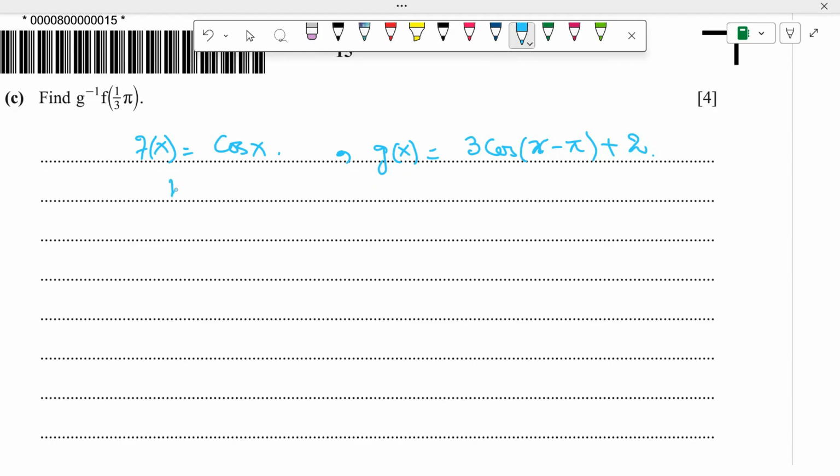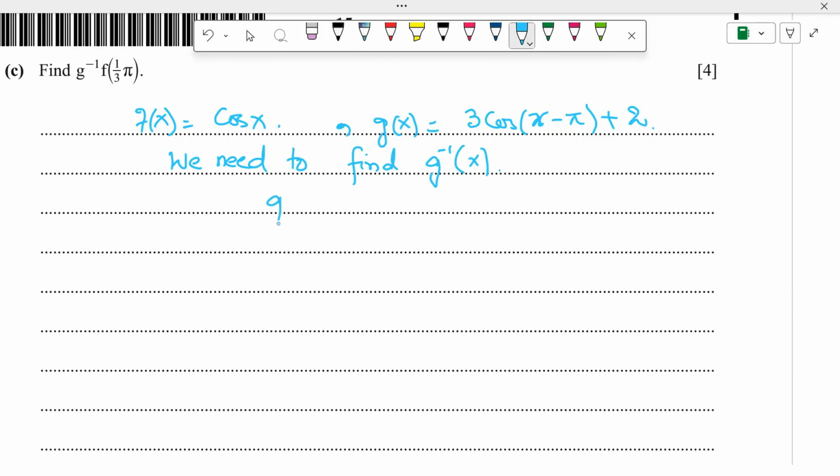So we need to find g inverse of x. So we have g of x, which is equal to 3 cos of x minus pi plus 2. Step 1, equate g of x as y.